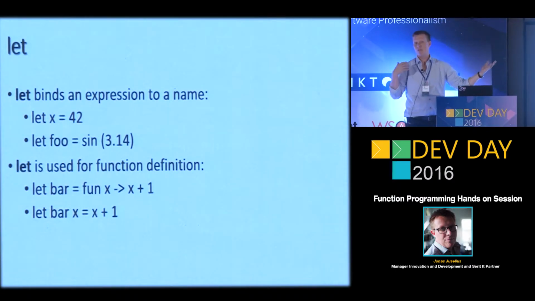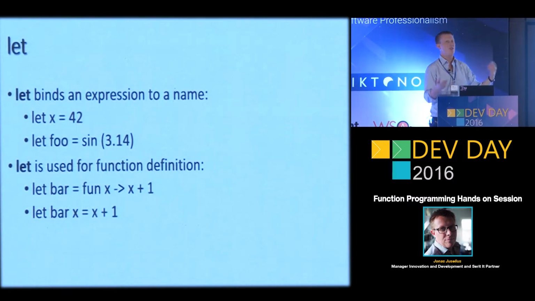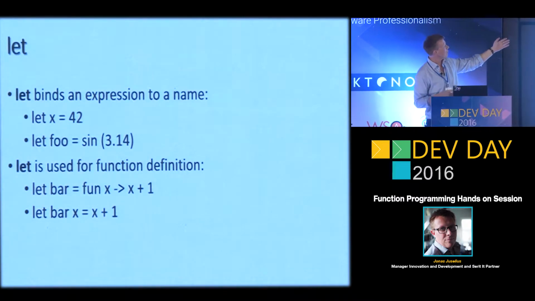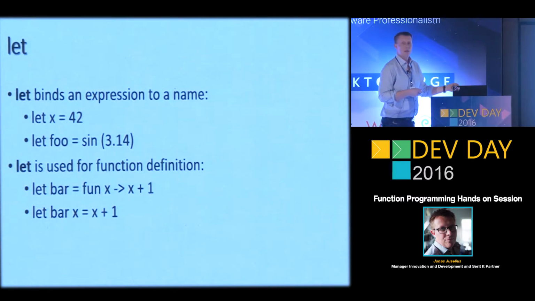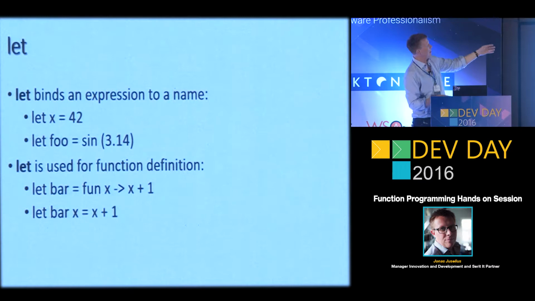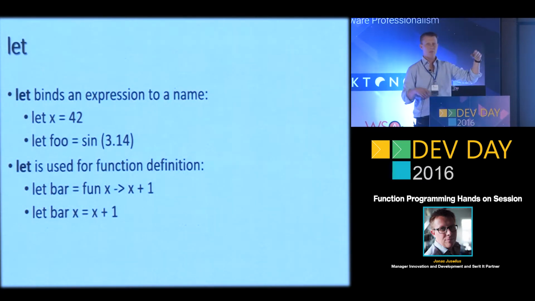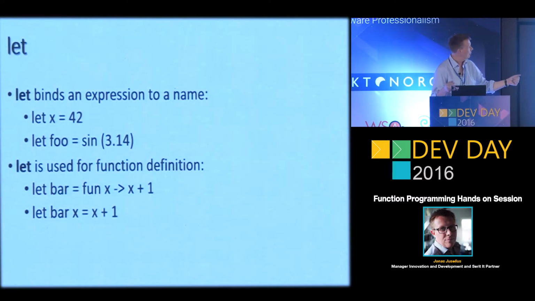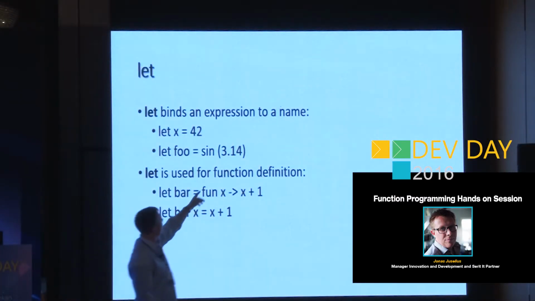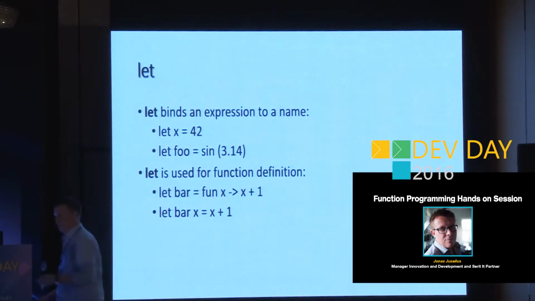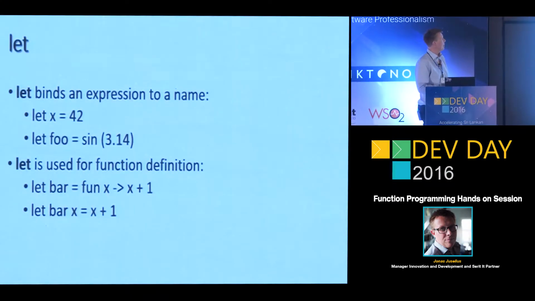There's no difference. x is a definition of 42. We can also say let foo = sin 3.14 and so on. That would be a function call, and we just bind the result to, I shouldn't say variable, to a value, a named value.